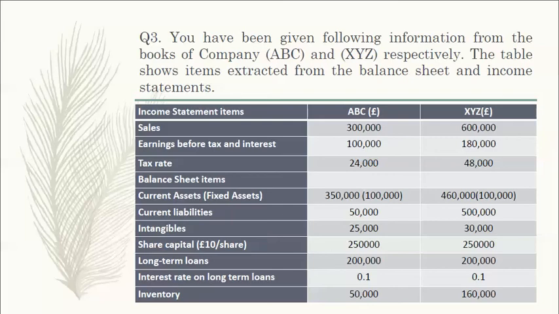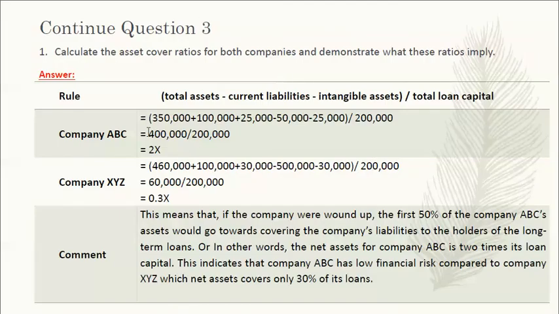So the numerator will be 400,000, and this comes from 350 plus 100 plus 25 minus 50 minus 25. I get 400,000 divided by 200,000. So the asset cover ratio for company ABC will be 2x.